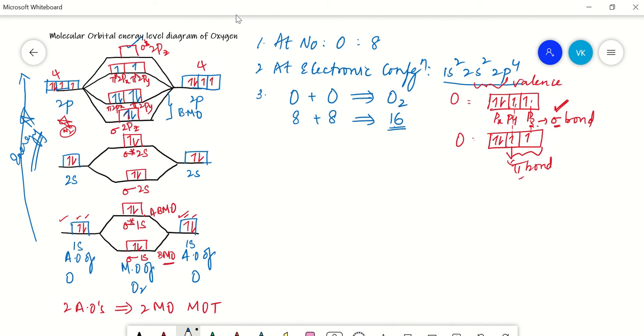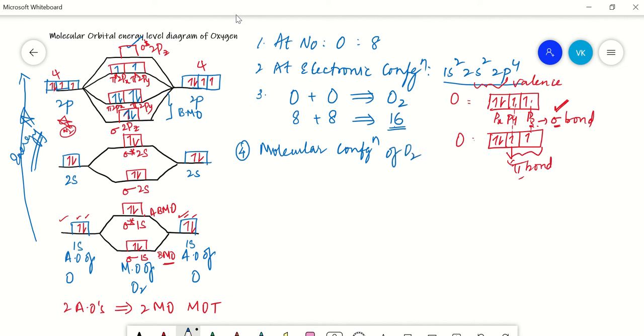Here this is your configuration, and the uppermost electrons here are unpaired, right? This is your molecular electronic configuration. So the fourth point here will be the molecular configuration of oxygen. How will we write it now?